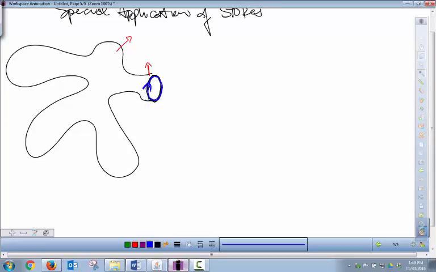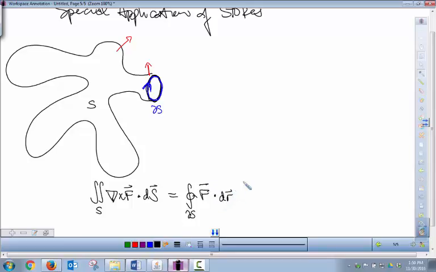So if you are asked to find the flux of the curl of some vector field over the surface, Stokes theorem allows us to take the line integral over the boundary of the vector field itself, right?